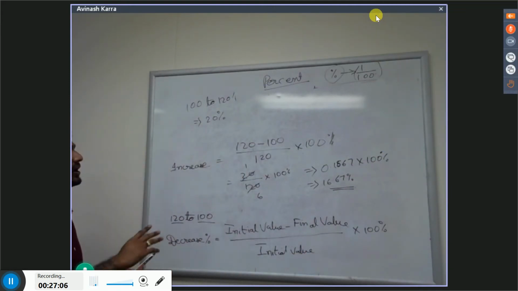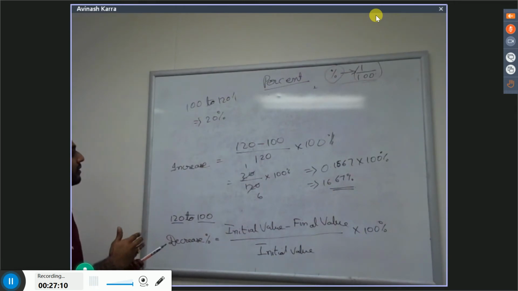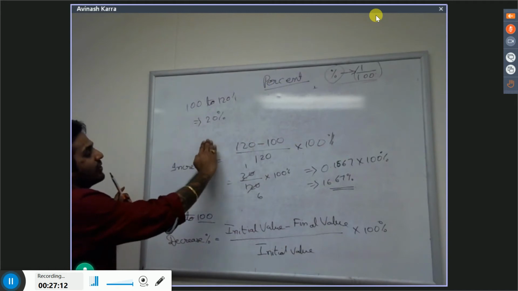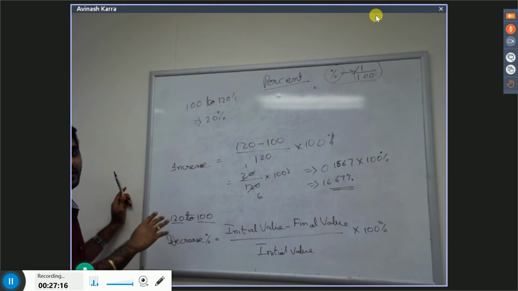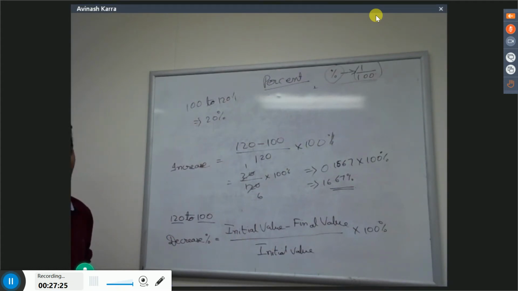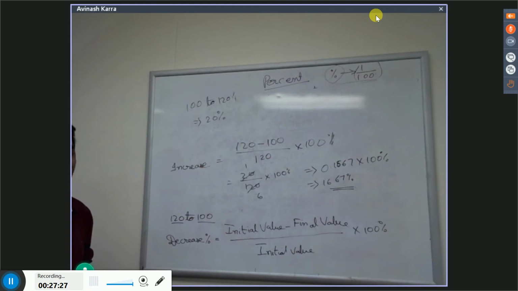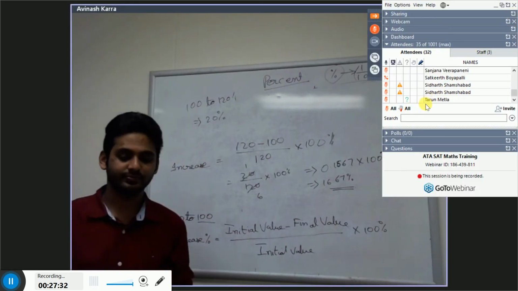When a number increased by some percentage and then decreases back, the decrease percentage won't be the same. It will be lesser than the increase percentage. I hope you guys understand this. Did you understand?